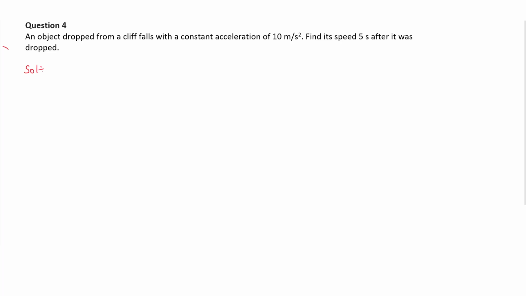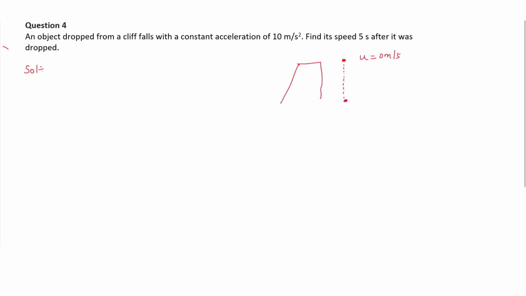considering this to be our cliff. So the object is dropped from this position. Your U will be equal to 0 meter per second because it is being dropped. Initially it will be at rest. It is being dropped from here onto this ground.